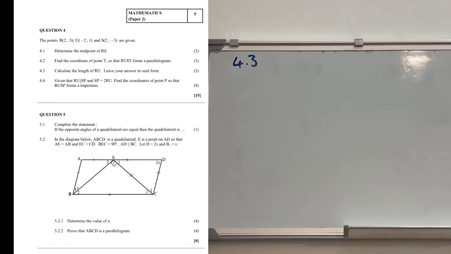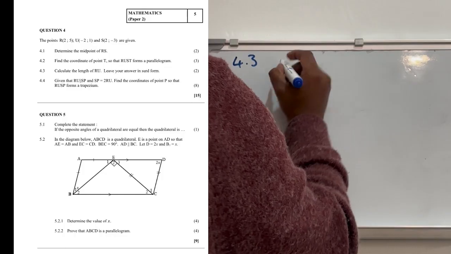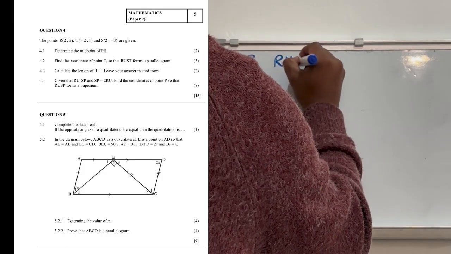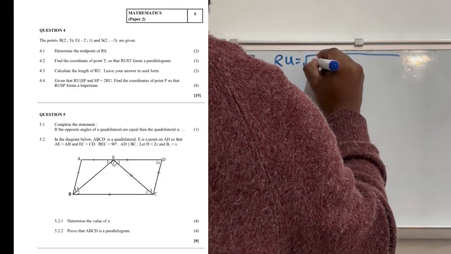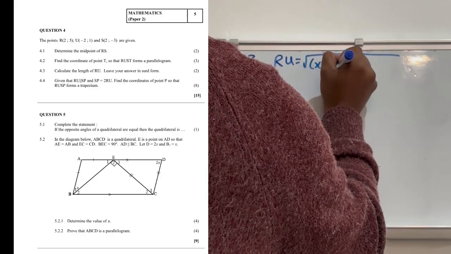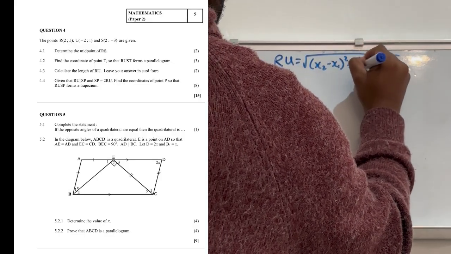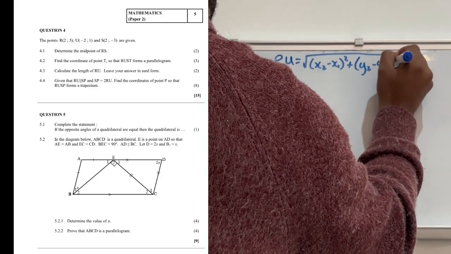So they say calculate the length of RU. RU's length, we say that is the square root of (x2 minus x1) squared plus (y2 minus y1) squared.